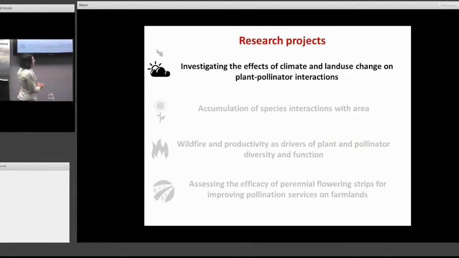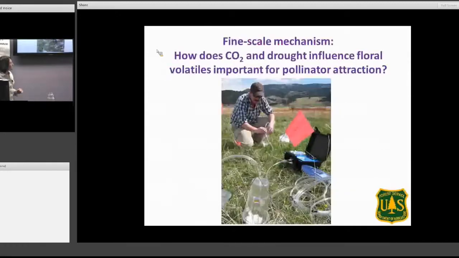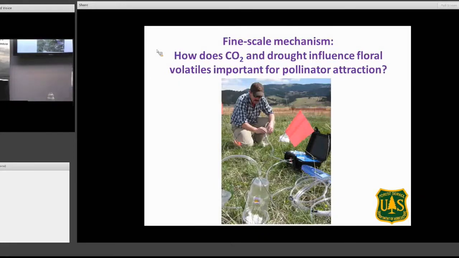So what we're doing now with this general topic is starting to look at some more fine-scale mechanisms of how climate change in particular might influence the way pollinators perceive plants. And this work is in collaboration with Justin Runyon. You want to say hi?